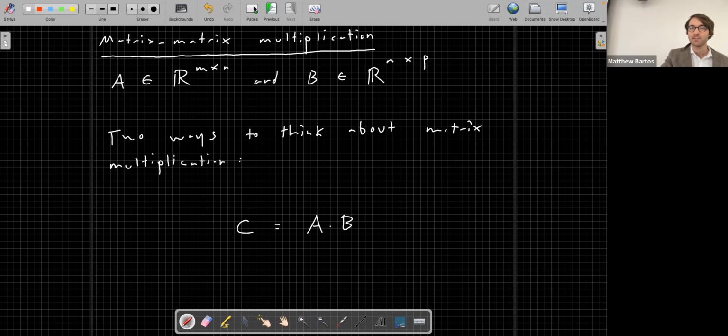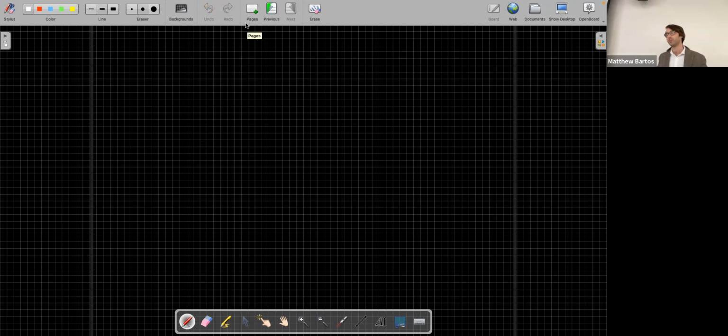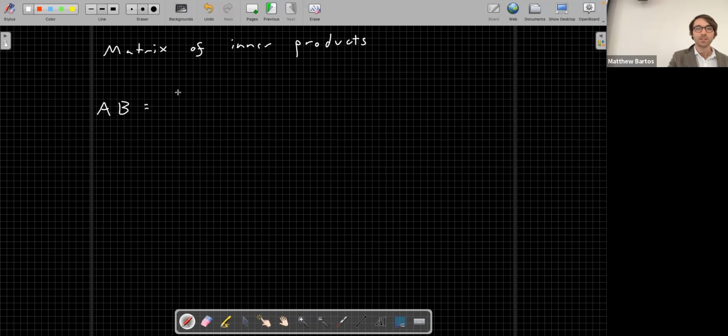The first way, again, is the way that you were probably taught to think about matrix multiplication in undergrad. So that is as a matrix of inner products. Let's say we have AB. We're going to think about this in terms of the rows of A multiplied by the columns of B. We take the inner product of the rows of A with the columns of B. This is probably the way you were taught to perform this by hand.